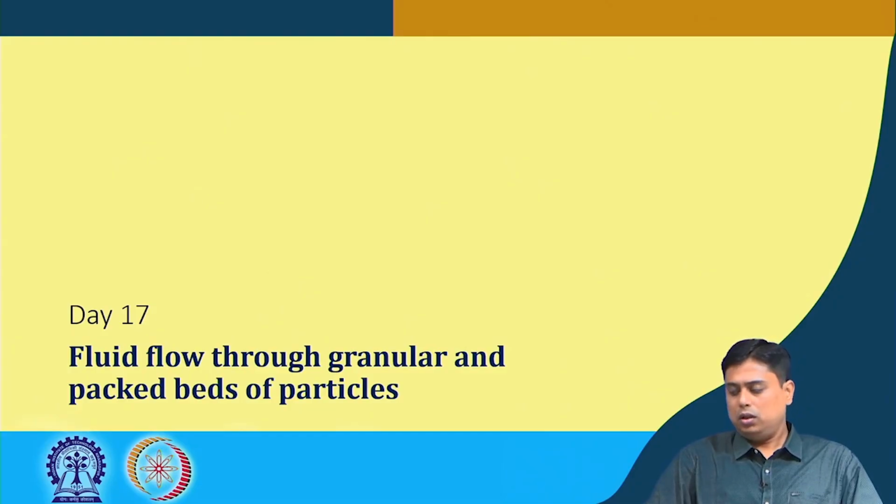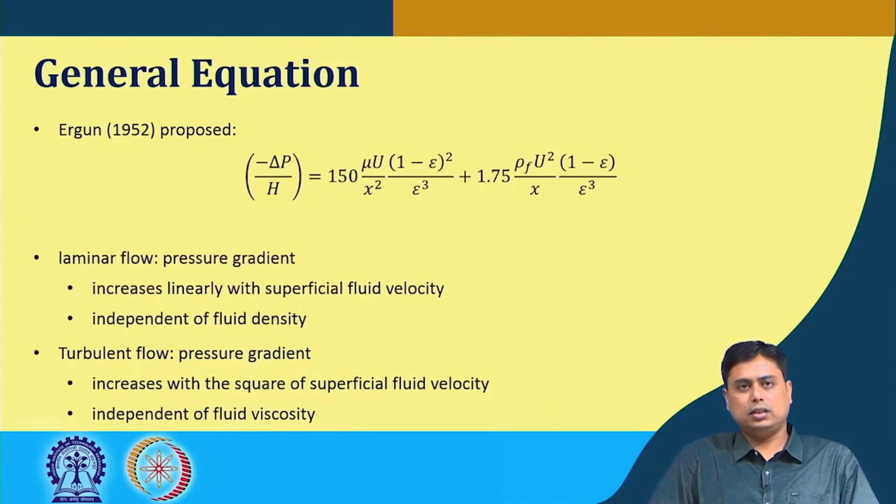So, the question was whether we can have a generic expression that can be used irrespective of the flow regime, being laminar or turbulent. After several years of Darcy, Ergun came up with this expression, the famous Ergun equation.